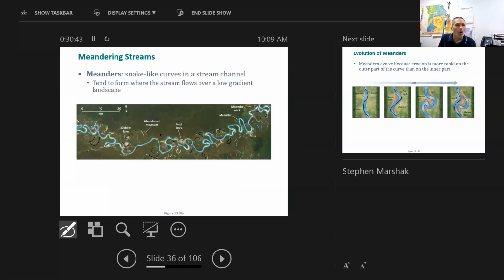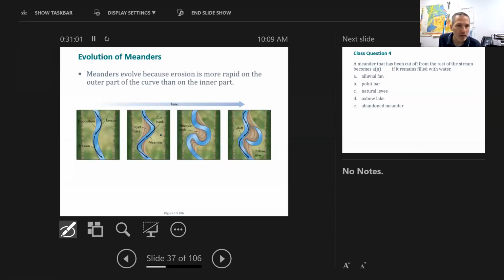Now, when we have a low gradient and rivers have no problem changing courses, what can happen is rivers can create something called meanders, a side to side snake-like view as this river is moving from side to side. And this happens when we start looking at rivers that are not moving perfectly straight. There's going to be one side that might have a little bit more erosion taking place.